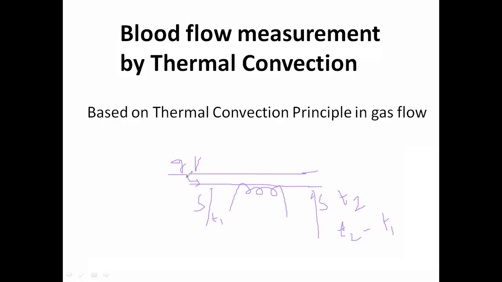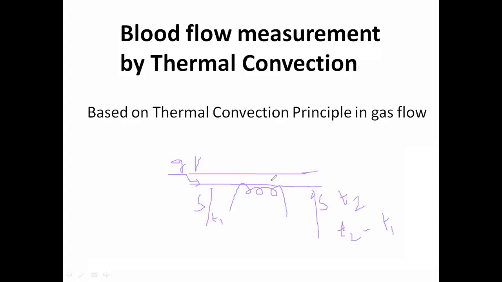So this is the blood vessel, like veins or arteries. The blood is moving in this direction with a certain velocity.